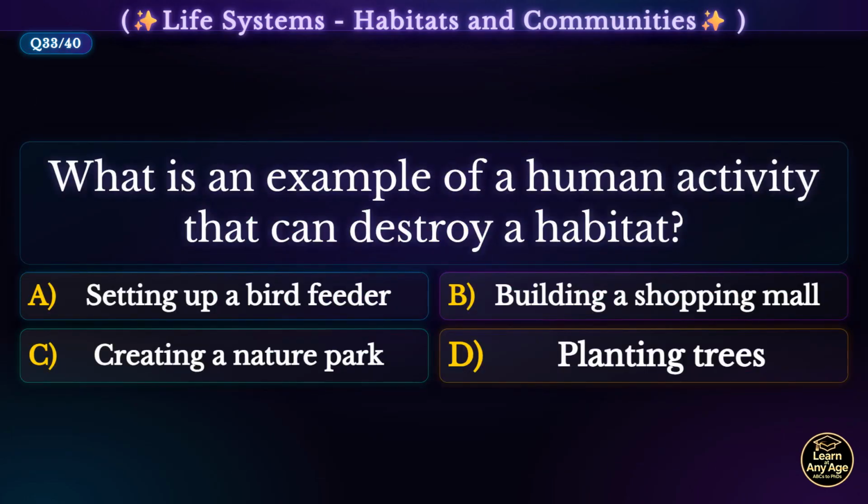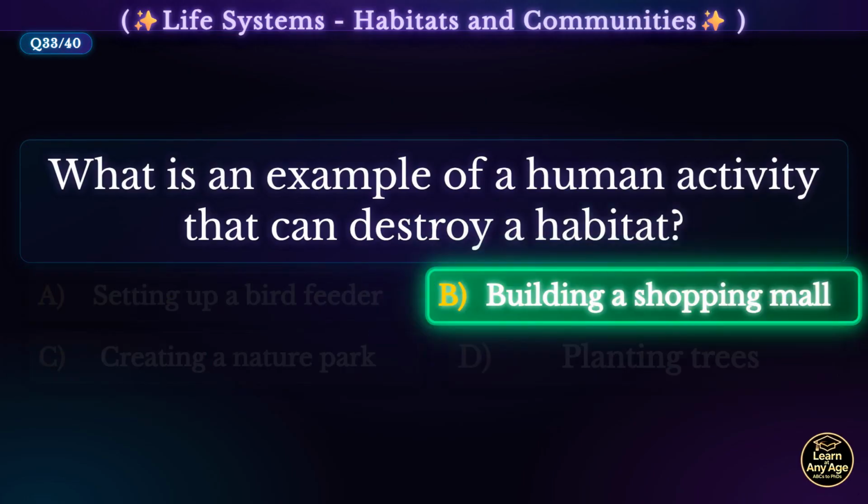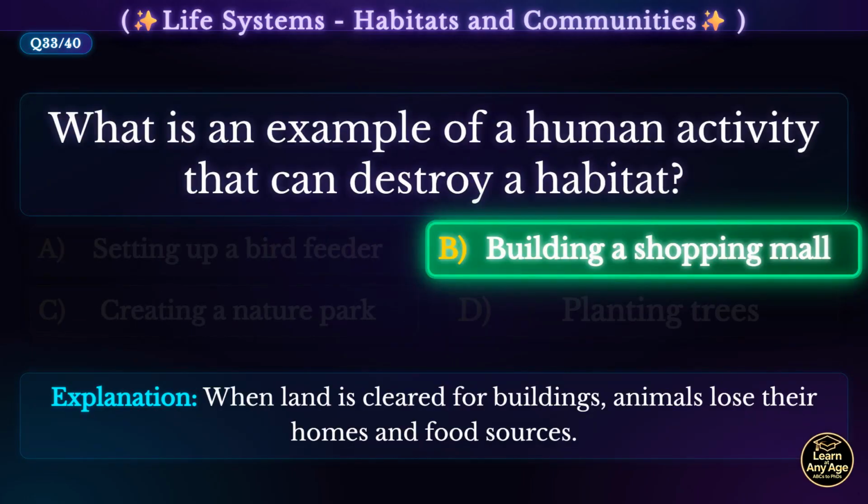What is an example of a human activity that can destroy a habitat? Setting up a bird feeder, building a shopping mall, creating a nature park, planting trees. Building a shopping mall. When land is cleared for buildings, animals lose their homes and food sources.